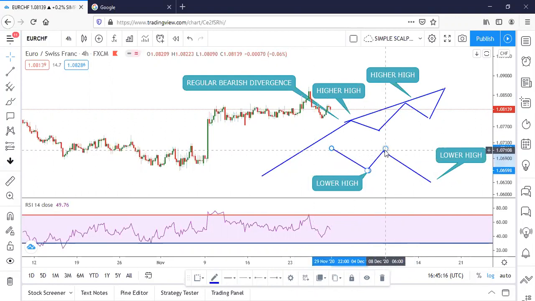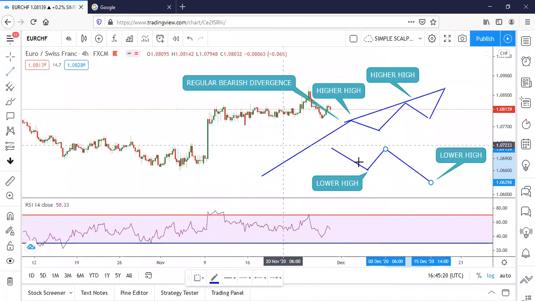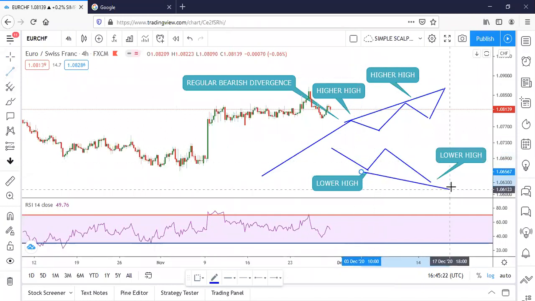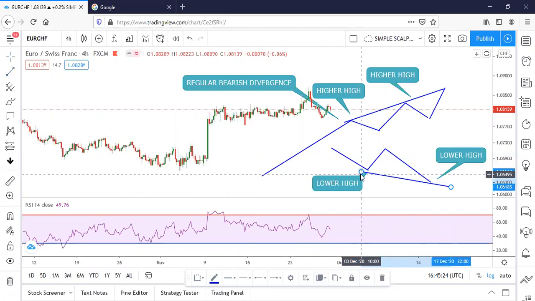Then you want to connect these two areas together, and they have to line up with the same area as this one and this one.